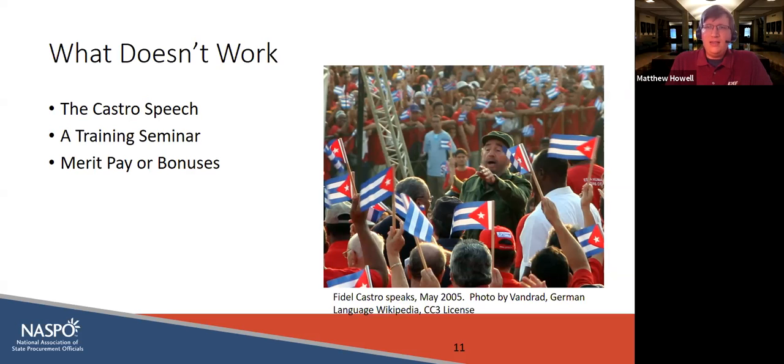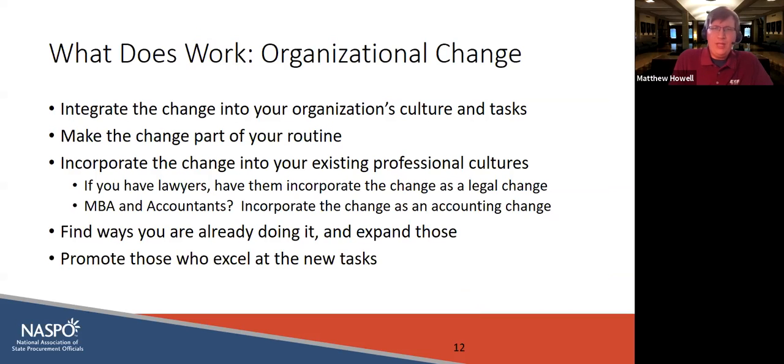So if it's not the easy stuff, if it's not give a big speech, do a once a year training seminar, or pay people to follow your policy, how do you get the people to buy in and modify their behavior? Well, you've got to do organizational change. Your organization is built to do something. Remember back in the beginning, we said you've got to be aware of what it is you do. You've got to know yourself very well. Your organization is built to do something. What is that task?